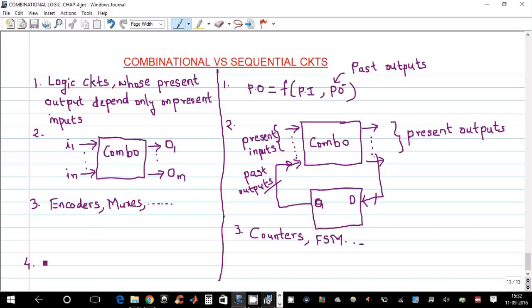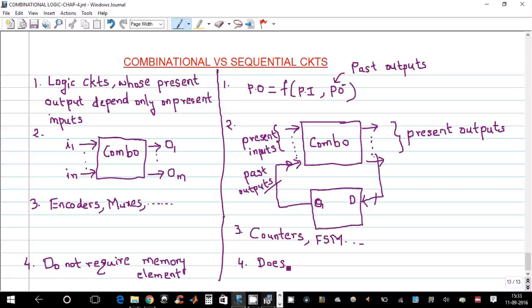That's what I am writing here: a combinational logic circuit does not require a memory element. A memory element is nothing but a register, whereas the sequential circuit does require it.